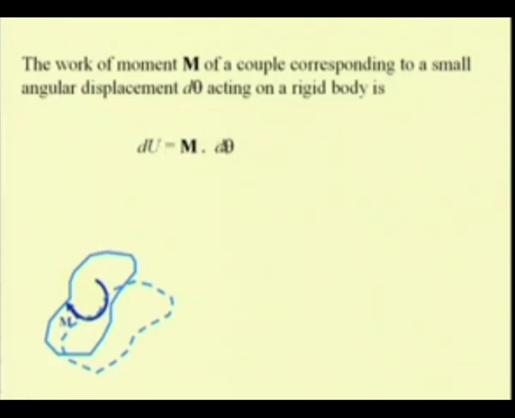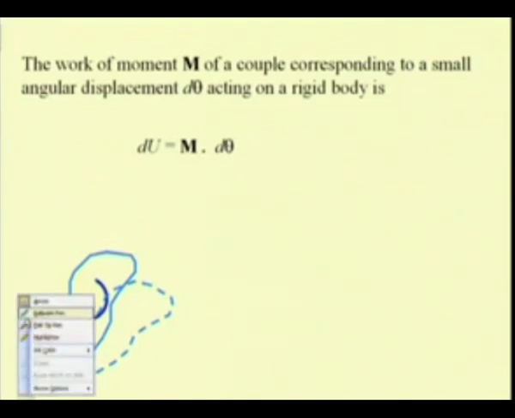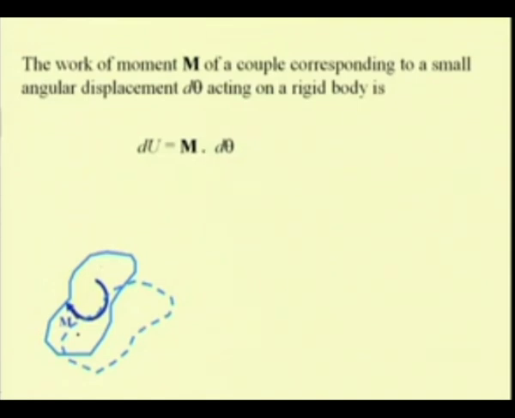For an incremental rotation d theta, say we have a vector on this body, say A and B are particles, and in the transformed position we have A prime, B prime.